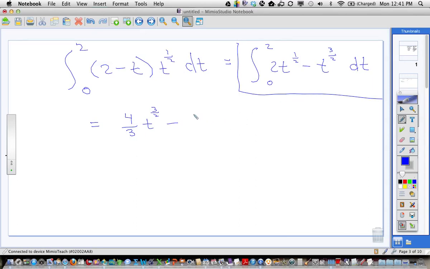Divide by 5/2 would be 2/5 t to the 5/2. Right bracket, 0 to 2. Now, I didn't do a right bracket on the previous line because I kept the integral symbol, since I hadn't done the antiderivative yet. All I did was some algebra. After you do the antiderivative, you do this. And notice the dt is not there anymore either. dt goes away because that just meant with respect to t, and that's all.